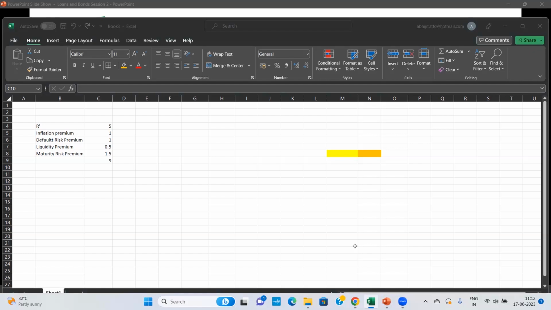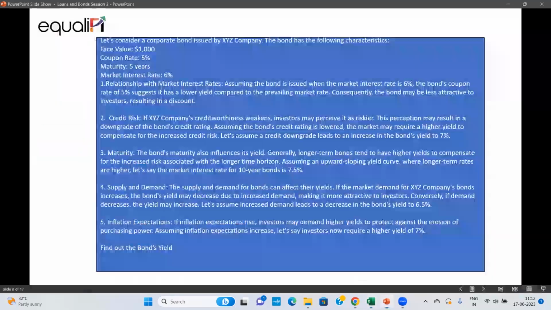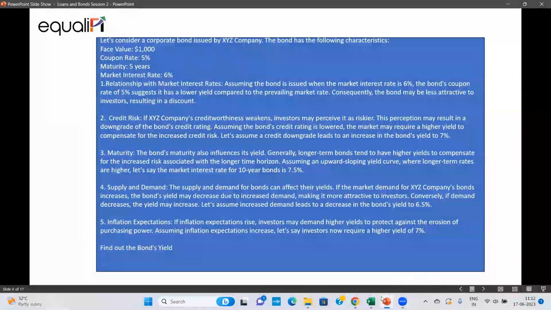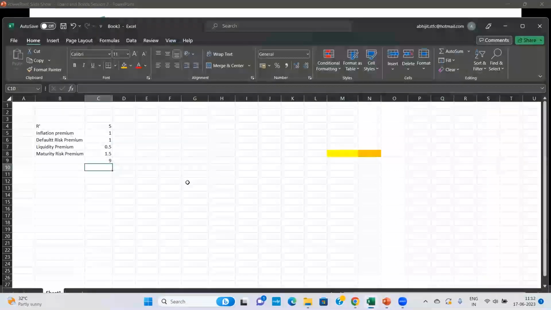No, this is not 7 minus 6.5. Tanumay, this is not 7 minus 6.5. What is the inflation expectation? 7 minus 6.